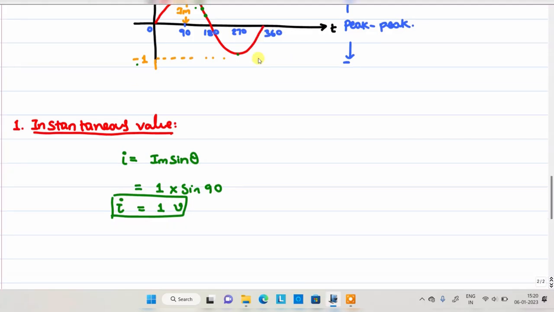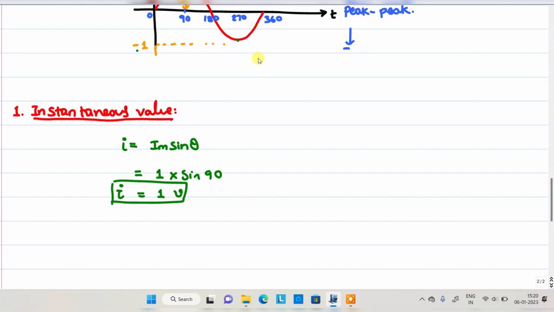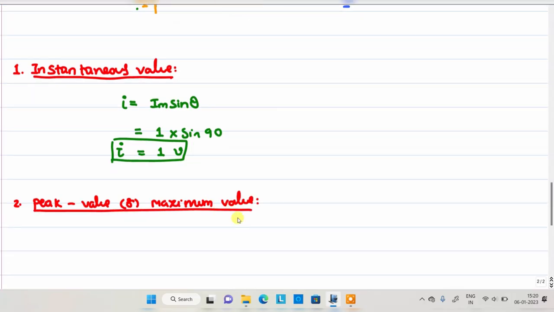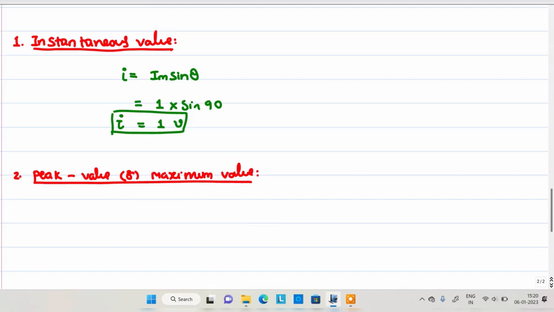Okay. Next we are moving to the second important parameter, that is the peak value or maximum value. The peak value or maximum value is the highest value reached by the current in one cycle.